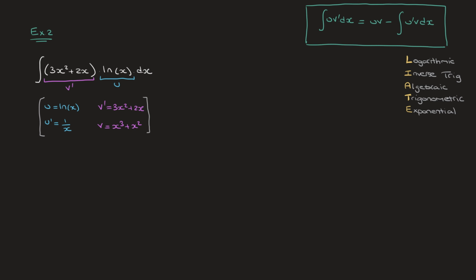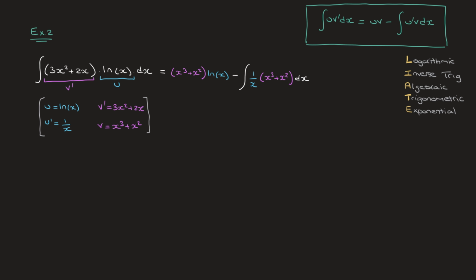Indeed, we can now state that this integral is equal to u times v, so that's ln of x times x cubed plus x squared, and so I'll write that as x cubed plus x squared times ln of x, minus the integral of u dash times v, so that's minus the integral of 1 over x times x cubed plus x squared.